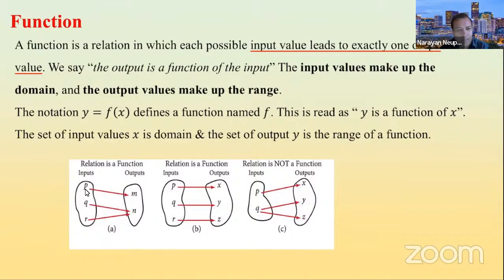You can see that the input P has only one output M. Q has only one output N. Similarly, R has only one output N. Same thing on the second: P has only one output, that's X. Q has only one output, that's Y. And R has only one output, that's Z.